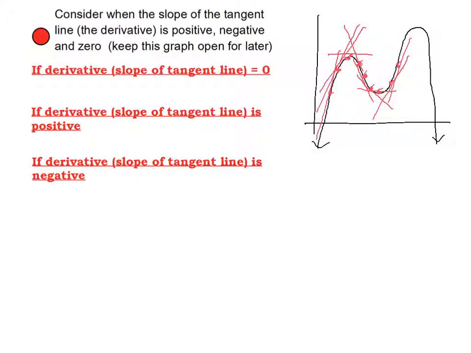All right, so let's look at this. That's pretty messy, huh? If the derivative is equal to 0, so if the slope is equal to 0, that's a horizontal line. Horizontal lines have slope 0. What's going on with the function when I add a horizontal tangent line? Oh, okay, that happens at a max or a min.